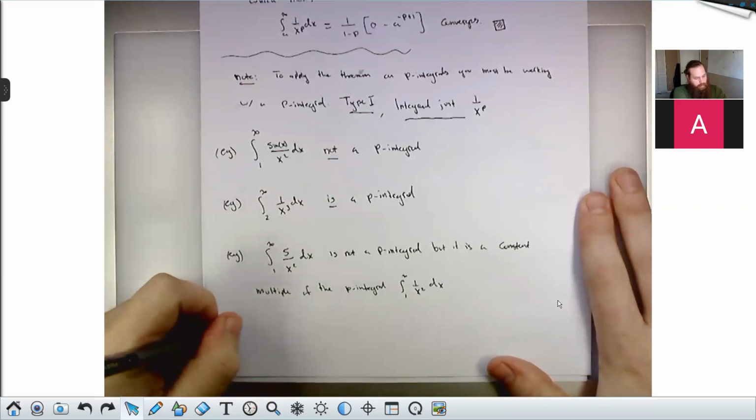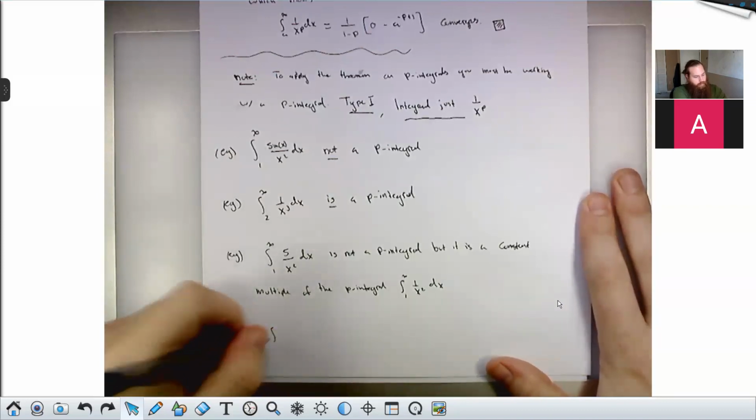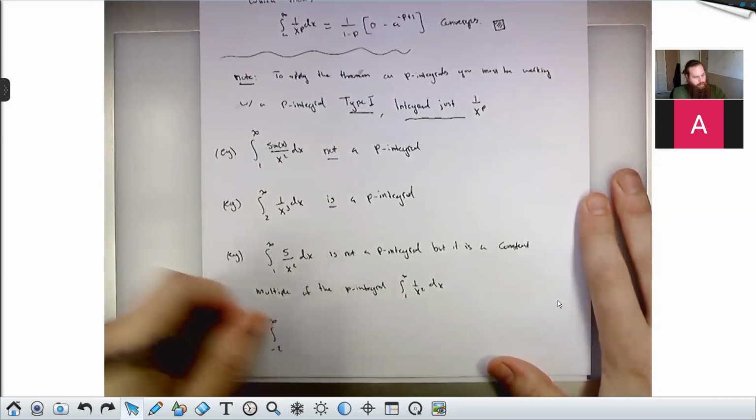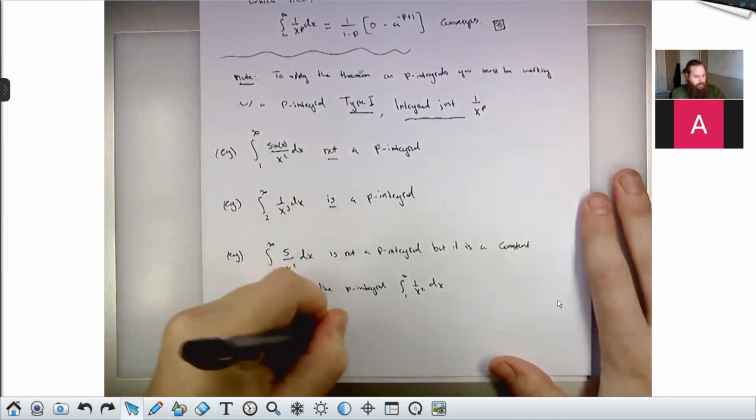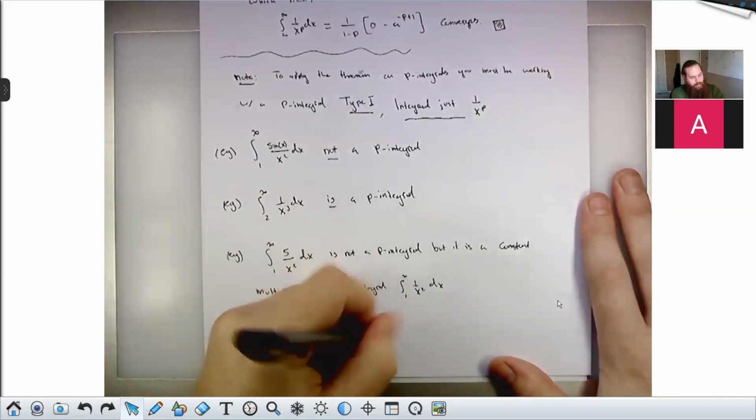And then finally, integral from -2 to infinity of 1 over x to the 4 dx is not a p integral.